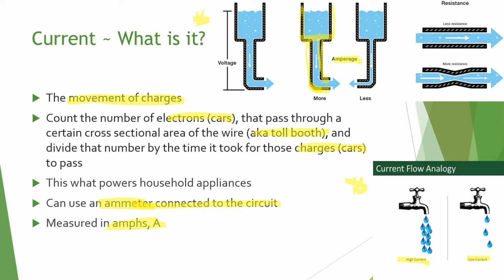If there's more water, that's going to increase the flow. If there's less water, that's going to decrease flow. So the more electrons, the higher the current, the fewer electrons, the lower the current. Water represents the electrons, and the flow of water is representative of current, the flow of electrons.